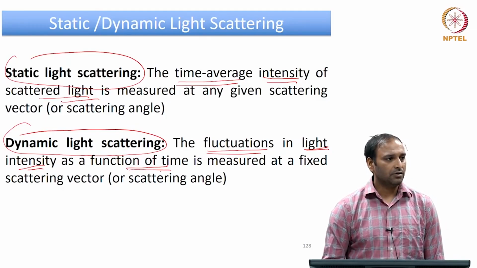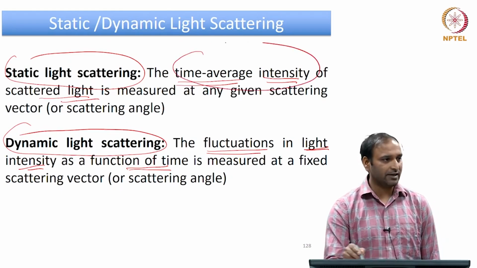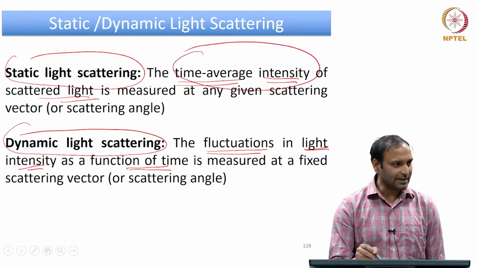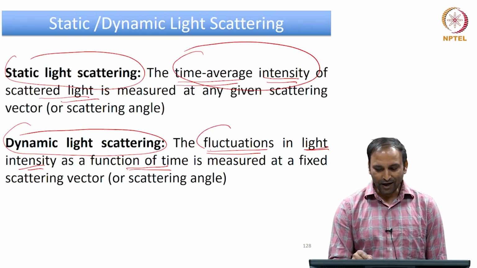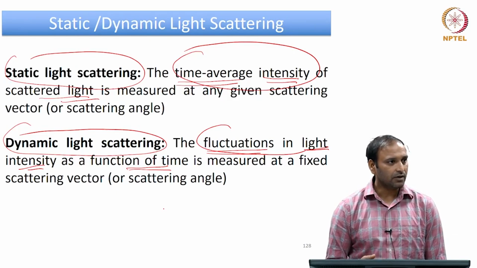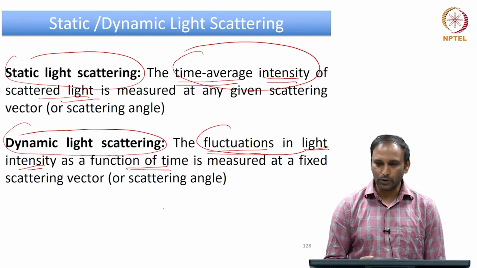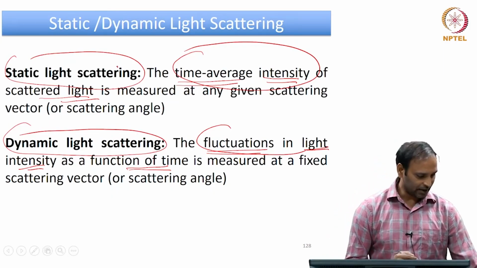In one case, you measure a time average intensity, that is static light scattering. In dynamic light scattering, you measure the fluctuation in the light intensity itself as a function of time. That is the difference between static and dynamic light scattering.